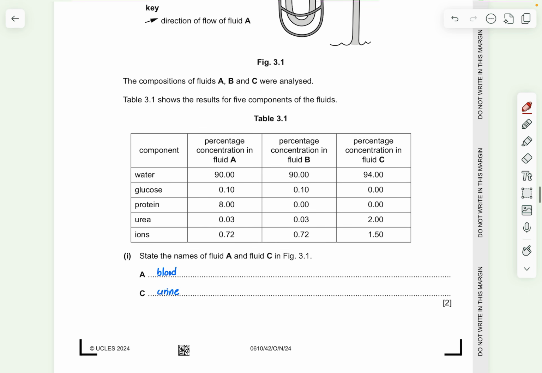Initially glucose is present, but it's gone at C. And protein initially is present, but isn't anymore. These are the things you can focus on because they are so familiar. So state the names of fluid A and fluid C.